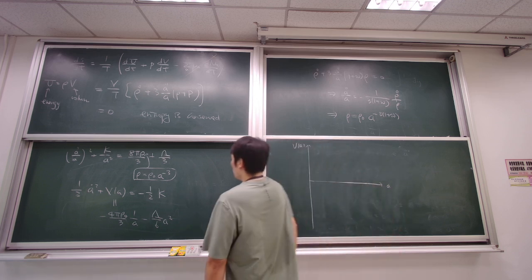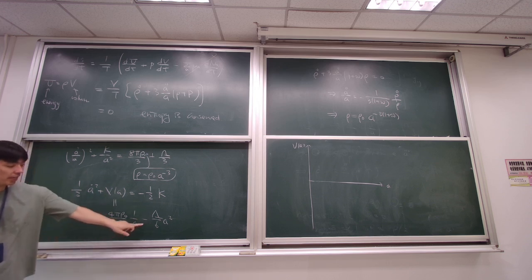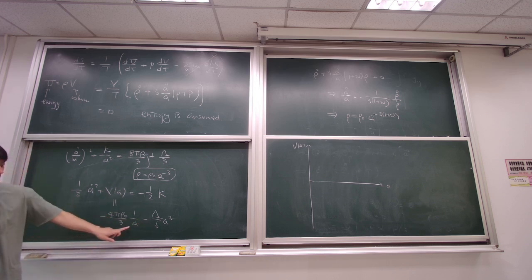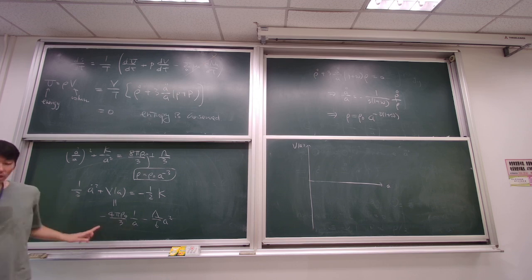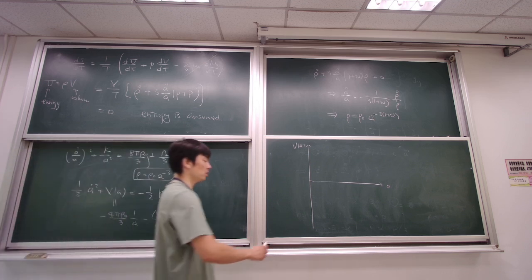When a is very small, this term is dominant, and in total it is negative, so the potential is something like this.